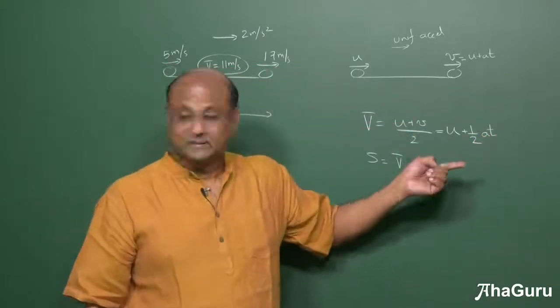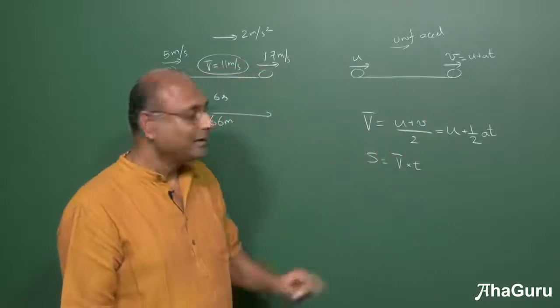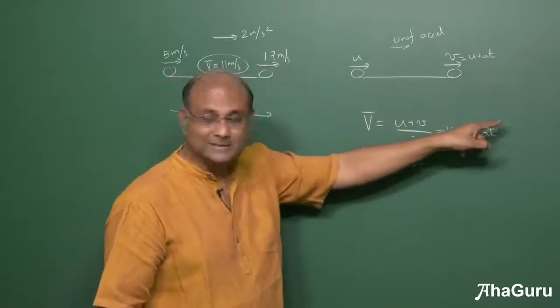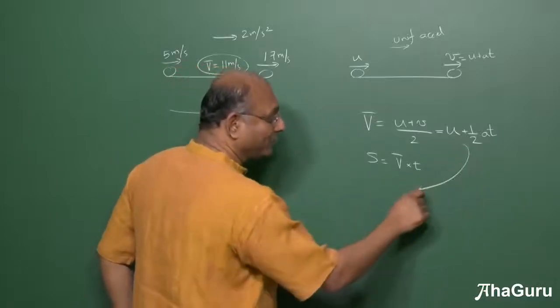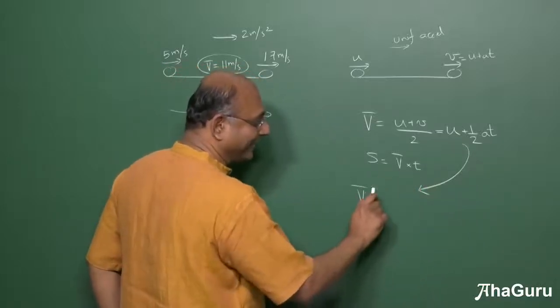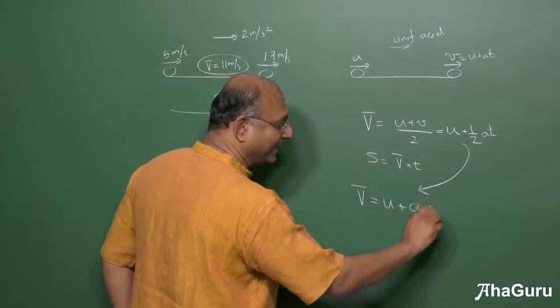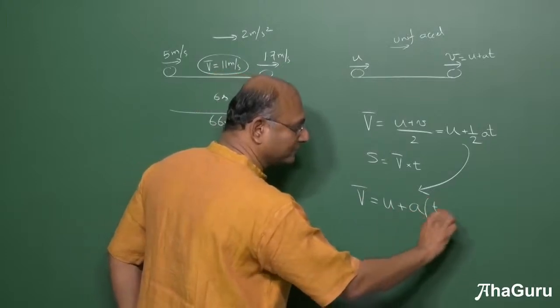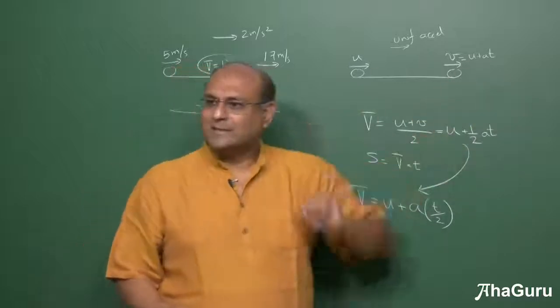Now you know this. This is how we derived s is equal to ut plus half at square. Correct? If I multiply this by t, I'll get ut plus half at square, that is s. But that is not the cool part. The cool part is you can write it like this: u plus a into t by 2. What have I done? I've taken the half and put it inside.